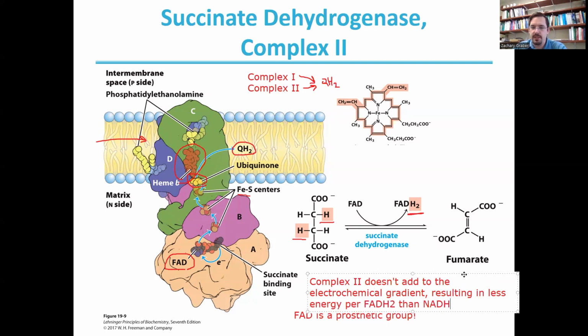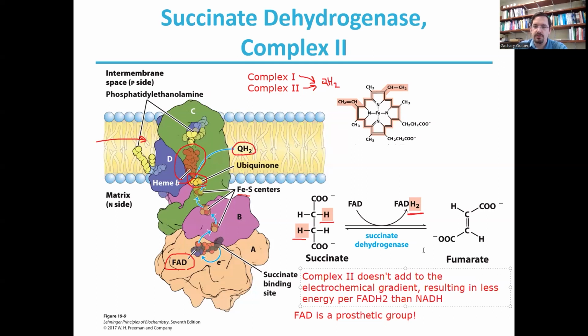So, of course, we've used that general rule of 2.5 ATP per NADH versus 1.5 ATP per FADH2. And this difference here between complex 1 and complex 2 is directly what causes that difference in ATP production.